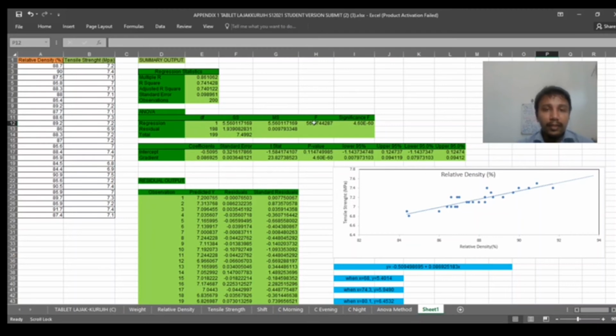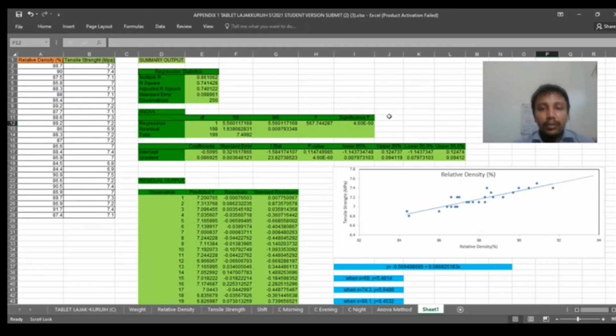Now to get the value of F for regression, we have to divide the MS value of regression by the MS value of residual. Then we get the value of F, which is 567.74. To get the value of significance F, we have to define an alpha.